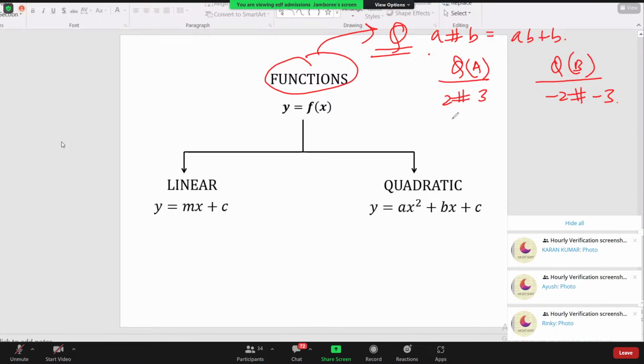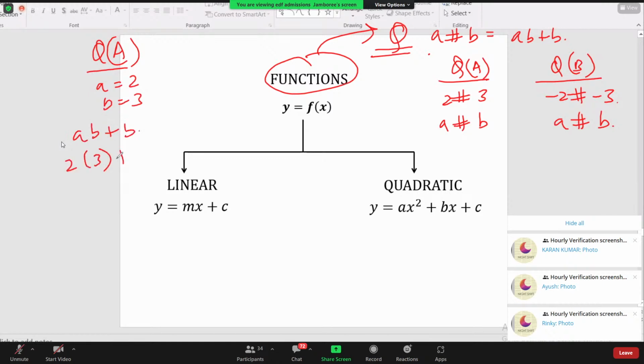So out here, you are just going to treat this as A hash B only. In the context of quantity A, you will take A as 2 and B as 3 and solve it out. So it is AB plus B, which becomes 2 into 3 plus 3. So this becomes 6 plus 3, which is 9.